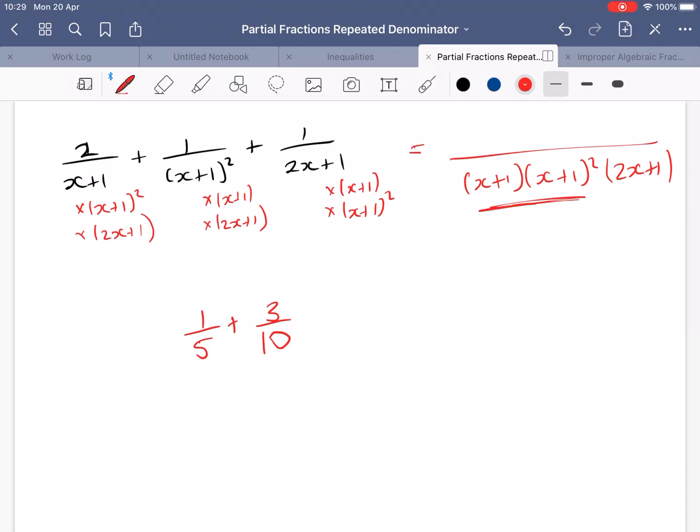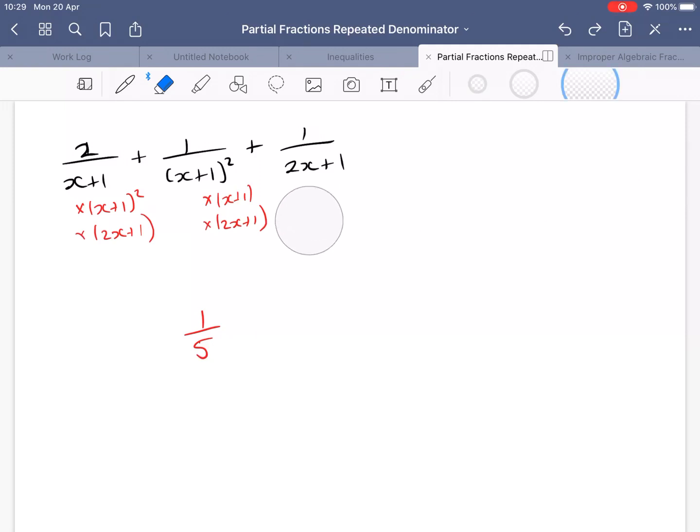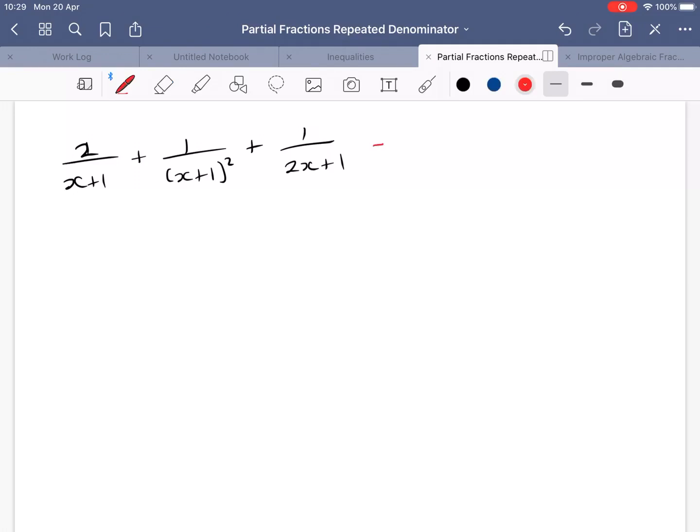We want to think, what is the lowest common denominator that we can use? So I'm going to undo all of that, because that's not what we want to do. So let's have a think a little bit more cleverly about this. And let's actually think, what is my lowest common denominator? Well, obviously, it's got to have a 2x plus 1, because we've got that one in the third fraction.